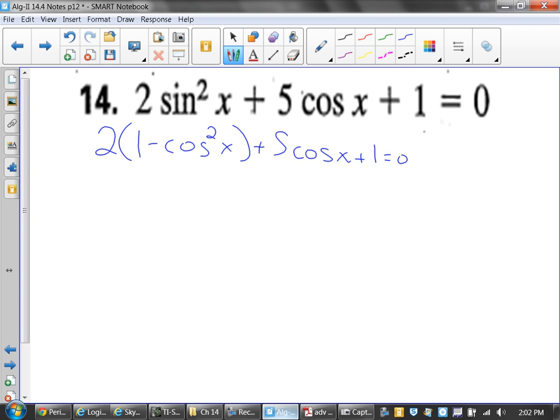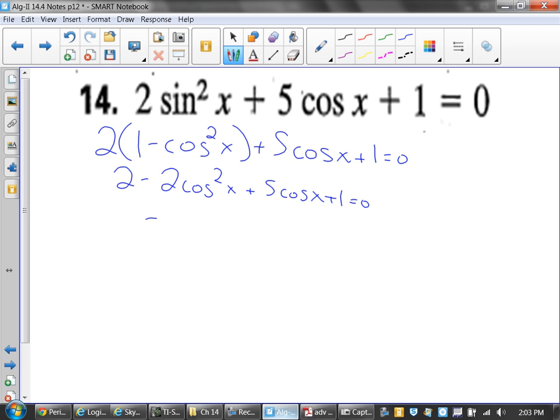From there, I'm going to distribute, just like I did yesterday. I get 2 minus 2 cosine squared x plus 5 cosine x plus 1 is 0. At this point, does everybody agree I have 2 plus 1? Okay.